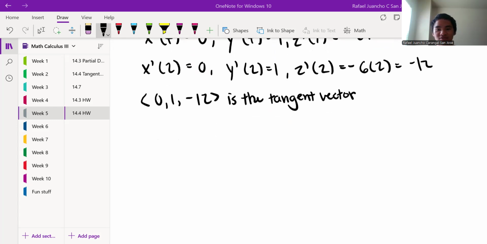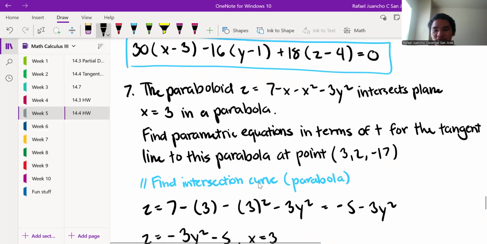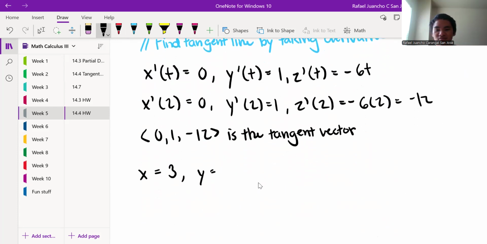Now we can find parametric equations. So here for our x, we have our initial point, so 3. For our y, wait, what are my initial points again? 3, 2, negative 17. Oh yeah, this is 3 plus 0d, and then this is 2 plus d.